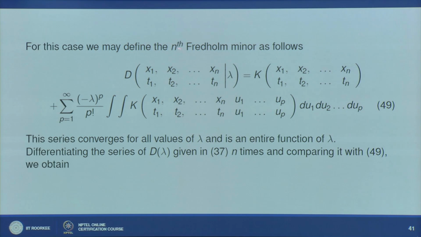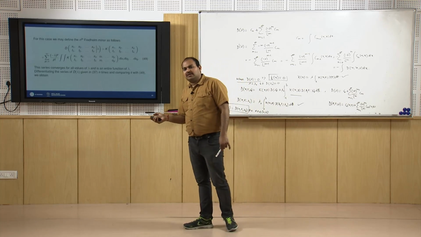So if we define the nth Fredholm minor as in 49, then our claim is that this will be a kind of solution candidate for the homogeneous integral equation.